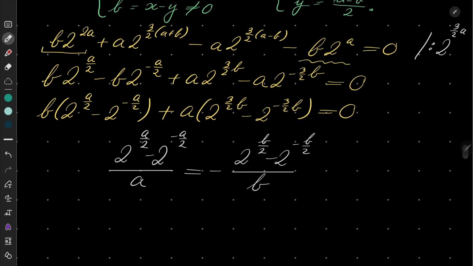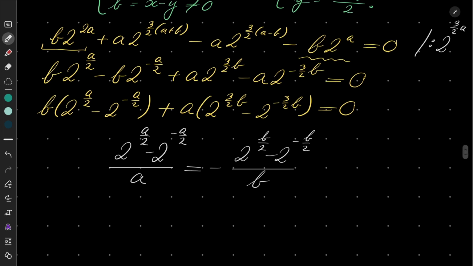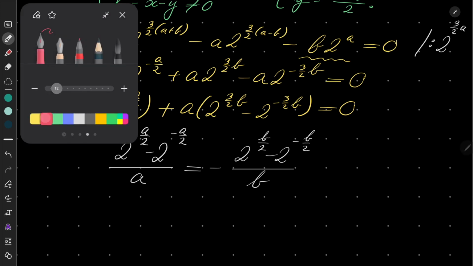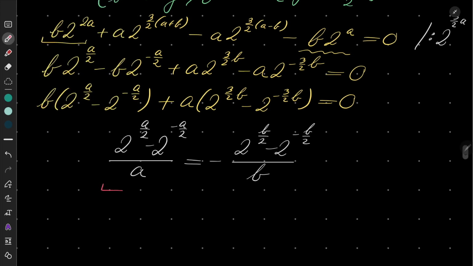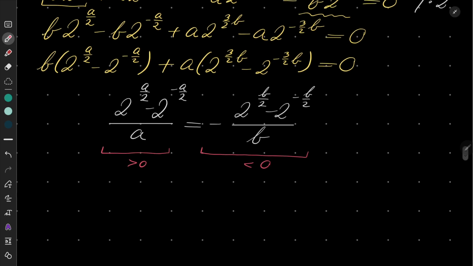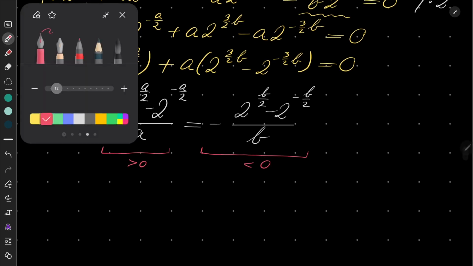Okay. And now this is impossible. Why? Because the right hand side is negative while the left hand side is positive. Why is it the case? Because first let's consider two separate cases.